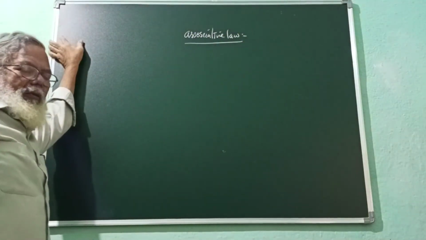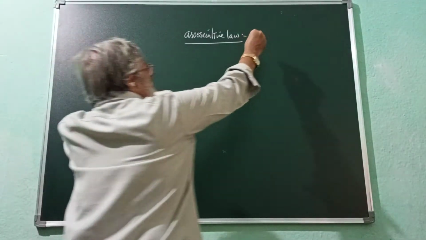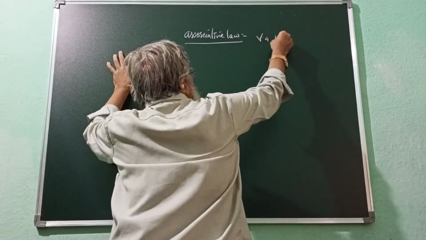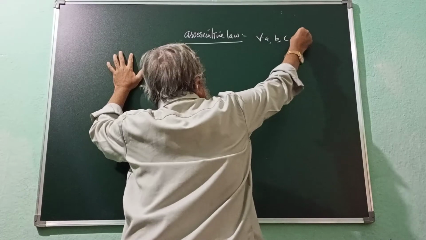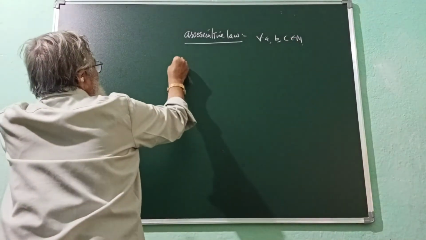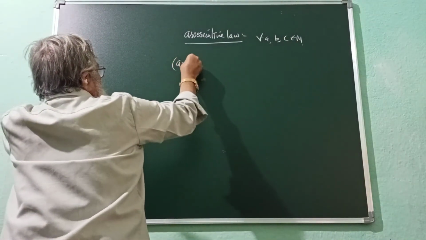Now, for every A, B, C belonging to N, what is the meaning of left? Let us take the left hand side.